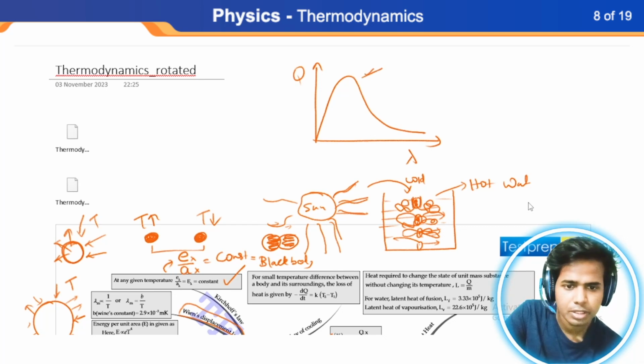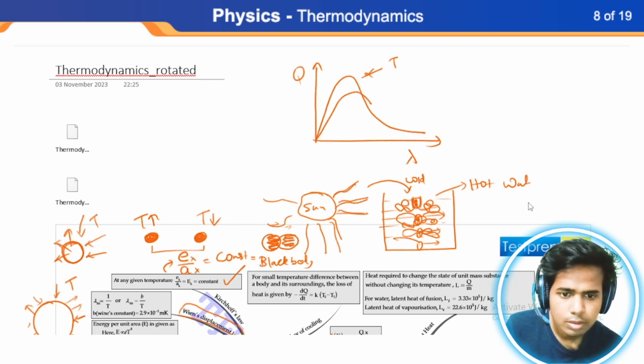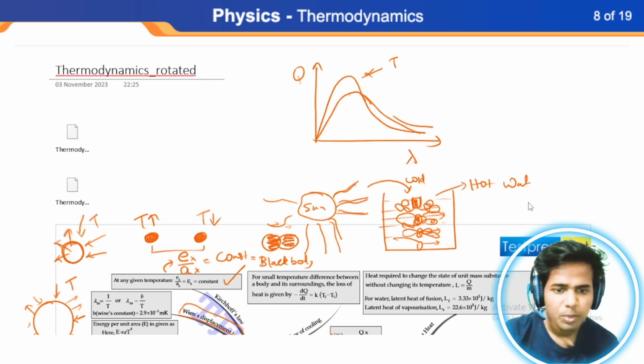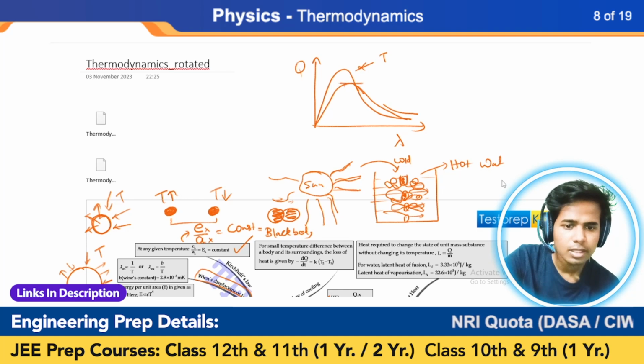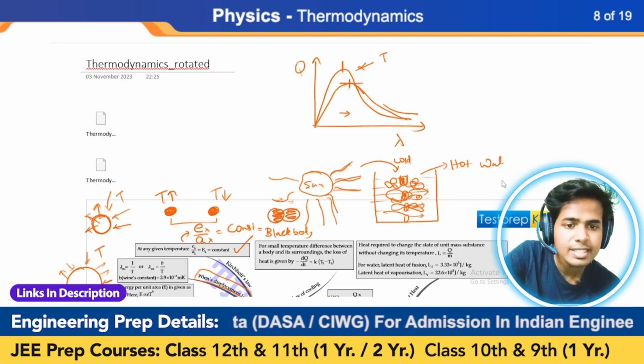At a particular temperature T, if we decrease the temperature, all right. Now, यहाँ पर हुआ क्या? Peak change हो गया, but the peak has also shifted. The lambda has increased when we decrease the temperature.